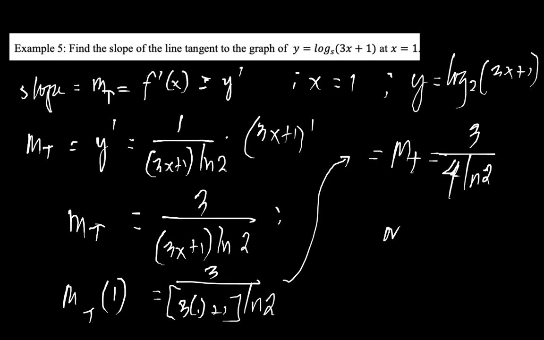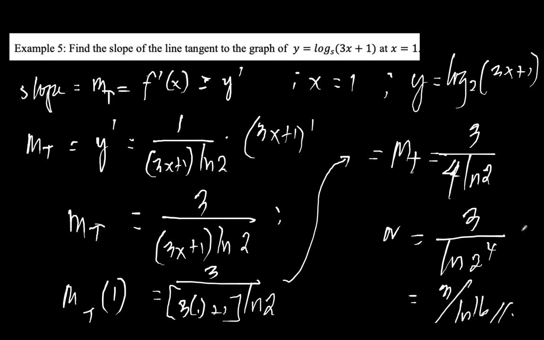Or we can express this answer as 3 over ln 2 raised to 4, with the use of the property of natural logarithm. So 3 over ln 16. Whichever answer you use is fine because they're all correct. All right, so that's how we solve number 5.